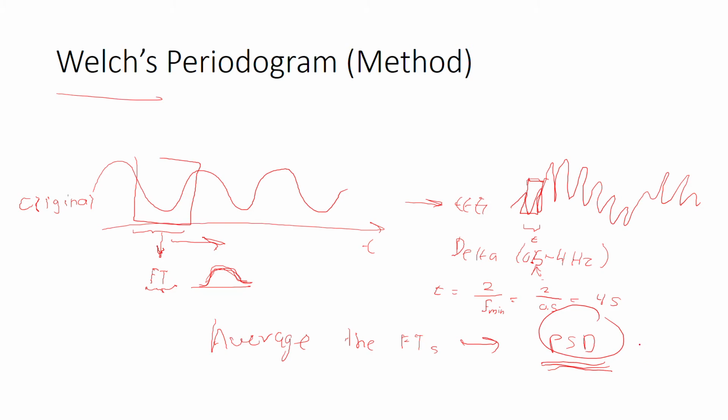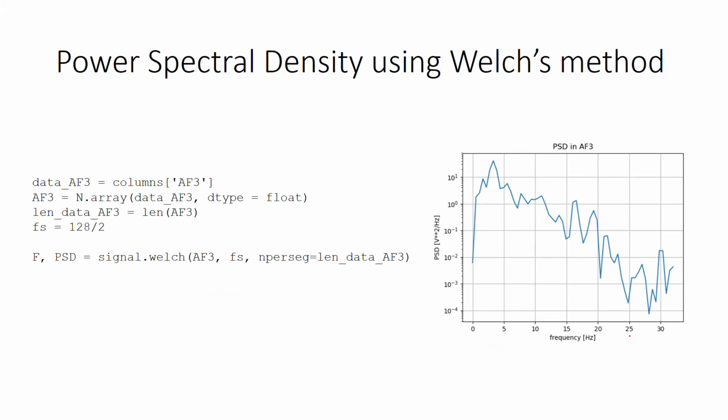So using Python is very helpful because it has the library that you're going to use: from SciPy import signal. Once you import signal, you can use the Welch method.